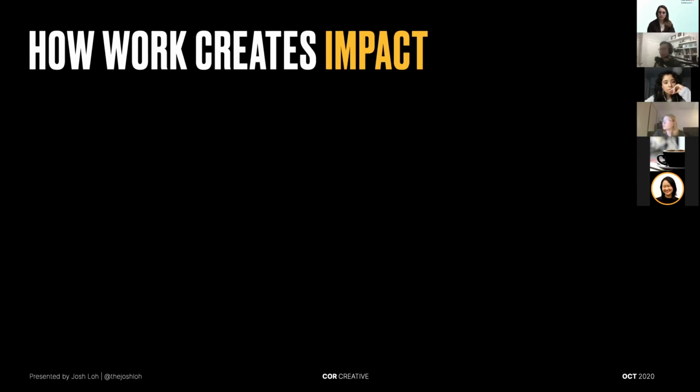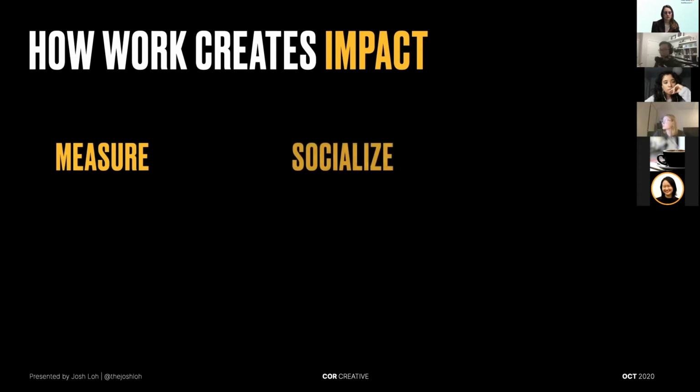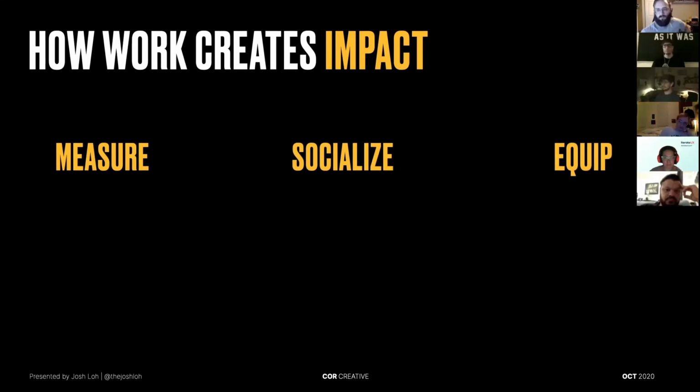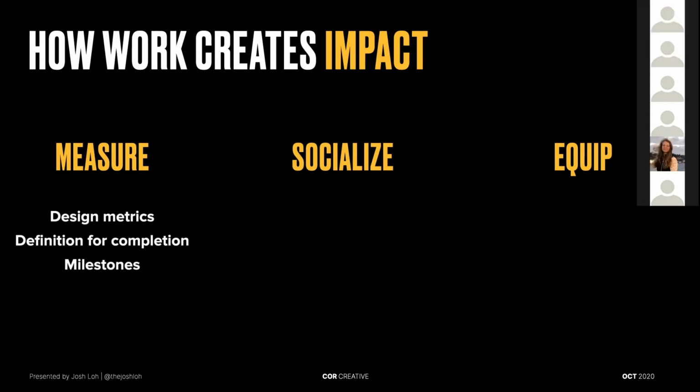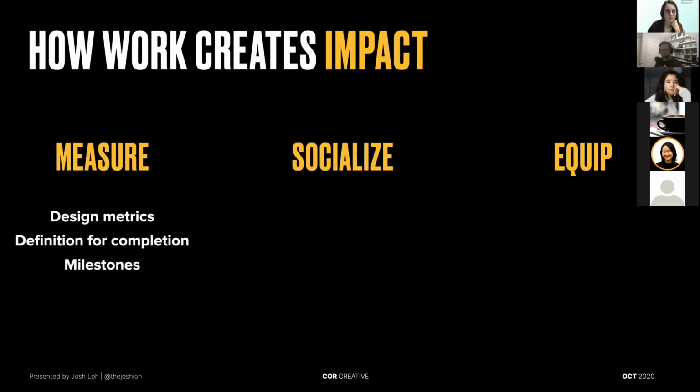And finally, how our work creates impact. It's about measuring, socializing, and equipping. Peter Drucker says what gets measured gets managed, right? So it's important that we have our design metrics, and identify the definition for completion and milestones.